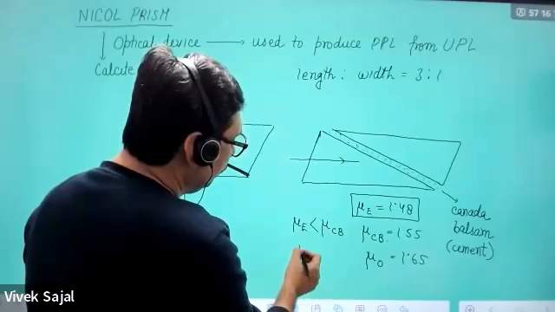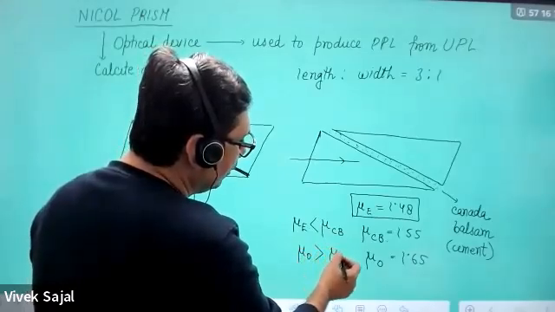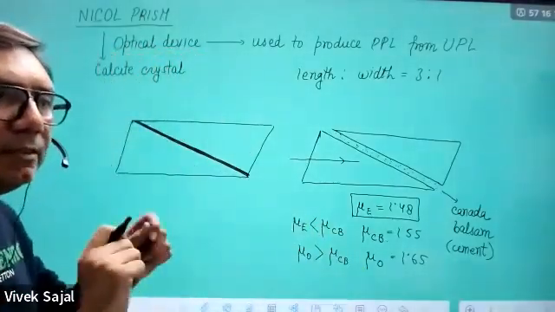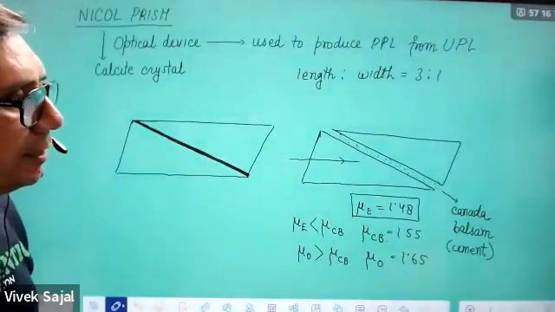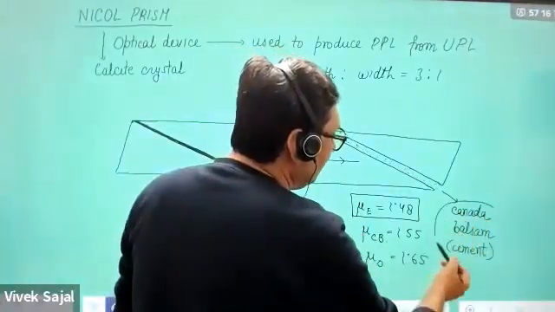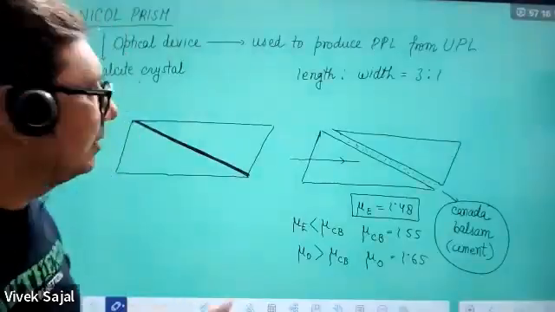But mu O is greater than mu CB. So the refractive index of Canada balsam is in between these two. Another important aspect is that this Canada balsam cement is not a doubly refracting medium.